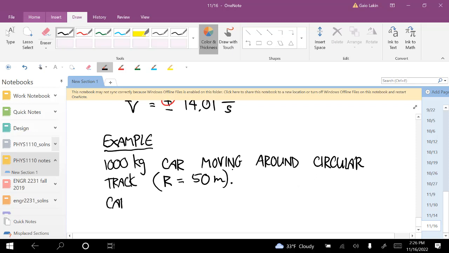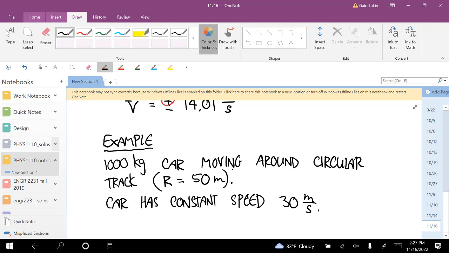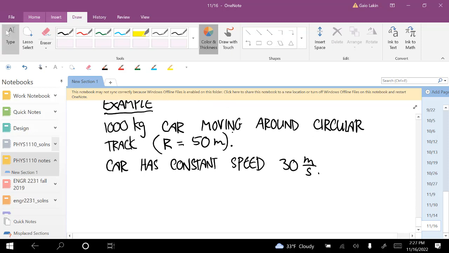And let's say that the car has a constant speed of 30 meters per second. So first, let's calculate the acceleration vector. And second, let's calculate the net force. That's the sum of all the forces acting on the car.